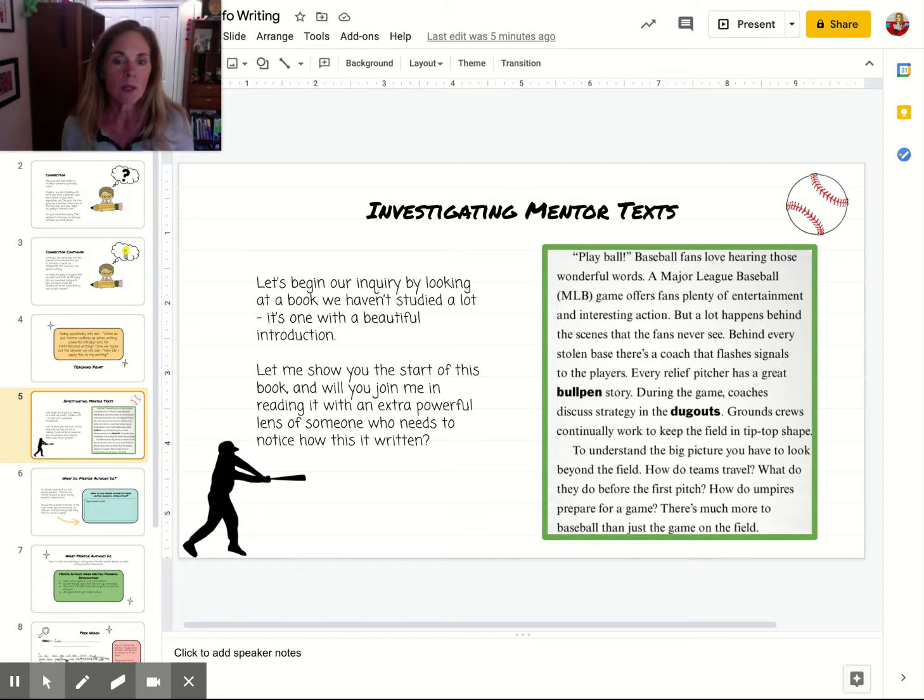During the game, coaches discuss strategy in the dugouts. Ground crews continually work to keep the field in tip-top shape. To understand the big picture, you have to look beyond the field. How do teams travel? What do they do before the first pitch? How do umpires prepare for a game? There's much more to baseball than just the game on the field.